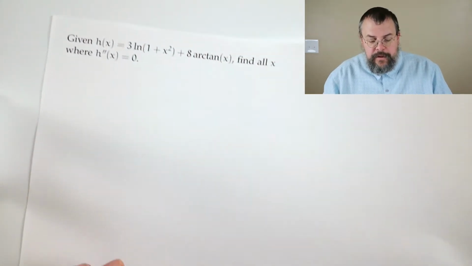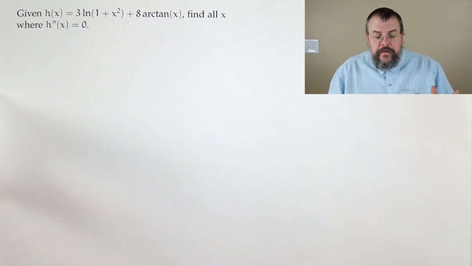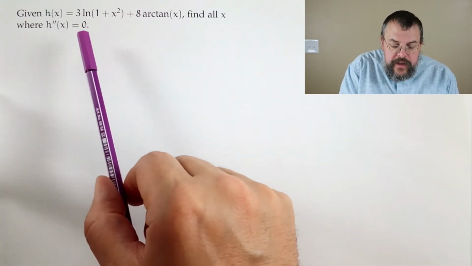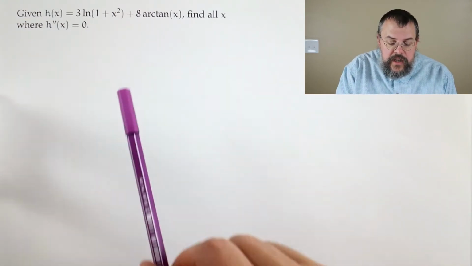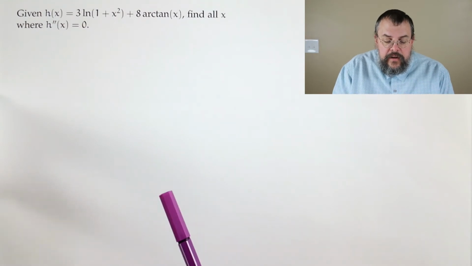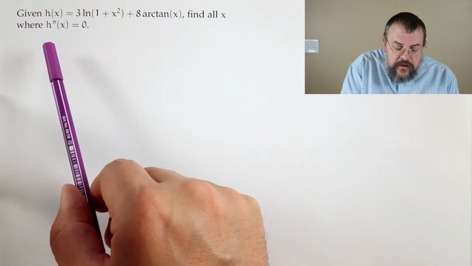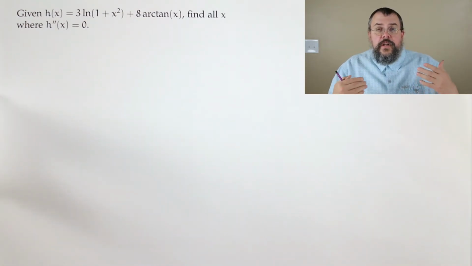Well, let's try another problem. So, we're given a function. It's h of x, and it's 3 times the natural log of 1 plus x squared plus 8 times arctangent of x. And we're asked to find all values of x where the second derivative equals 0. Now, initially, the function looks really kind of messy.